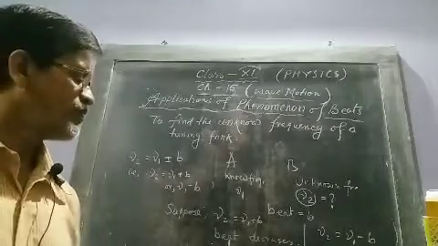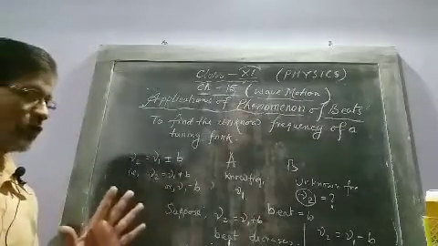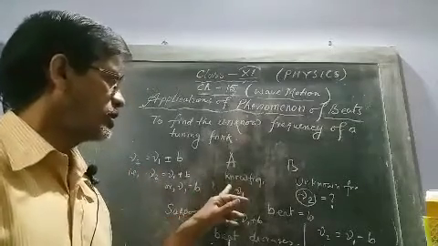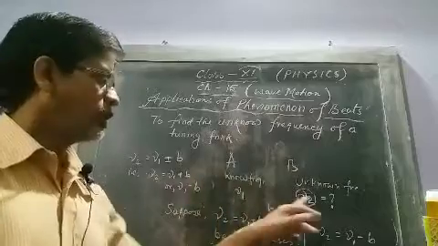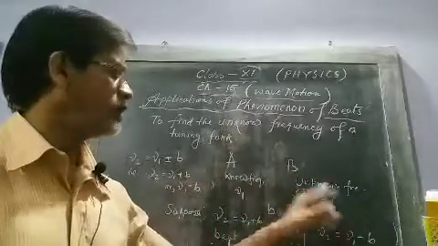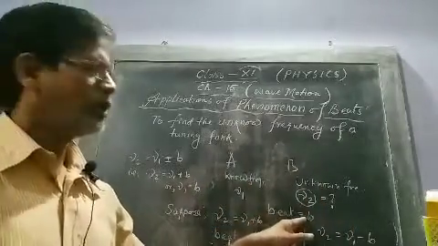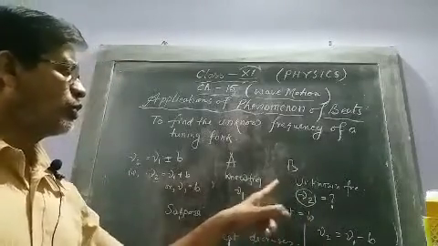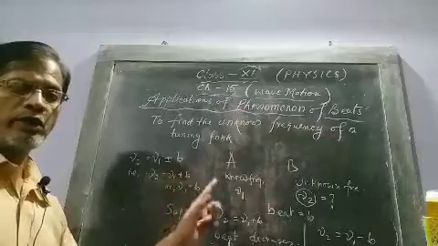Very important. What I have told: there are two tuning forks, one with frequency nu1, other nu2. nu2 is unknown, we have to find this, and beat frequency is b. If beat is b, then b will be nu2 minus nu1 or nu1 minus nu2.